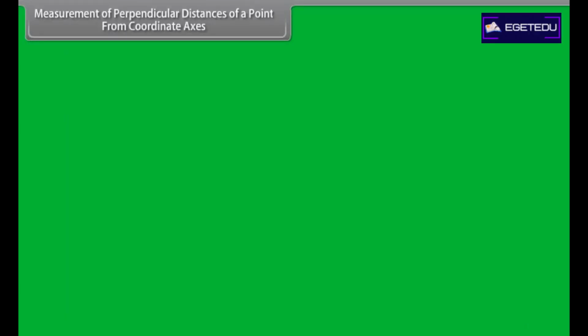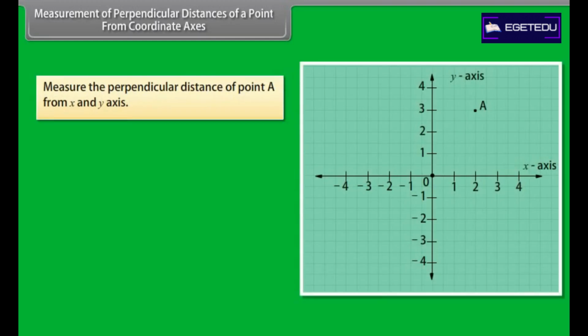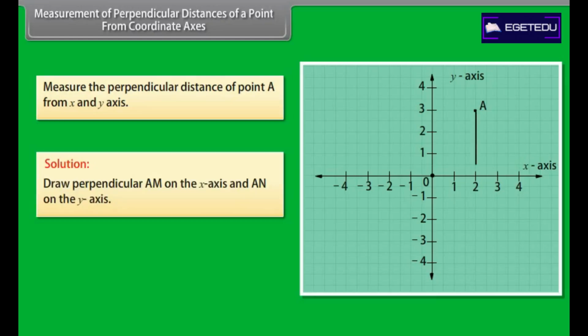Measurement of perpendicular distances of a point from coordinate axes. Let us now learn how to measure the perpendicular distance of a point from the coordinate axes. Measure the perpendicular distance of a point A from x and y axis. Solution. Draw perpendicular AM on the x-axis and AN on the y-axis.